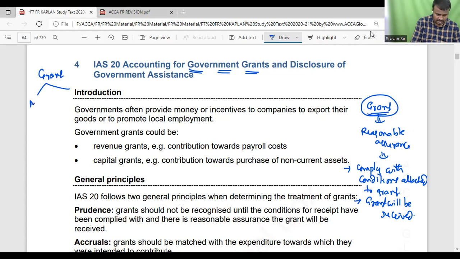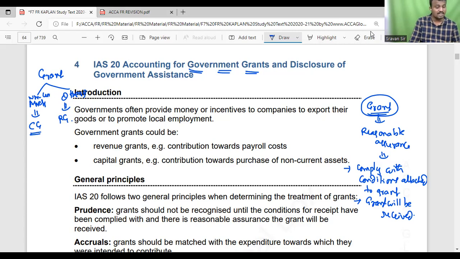One is relating to assets, meaning non-current assets, and the other relating to revenue. If the grant is provided relating to the acquisition of an asset or construction of an asset, it is called a capital grant, and otherwise that is called a revenue grant.